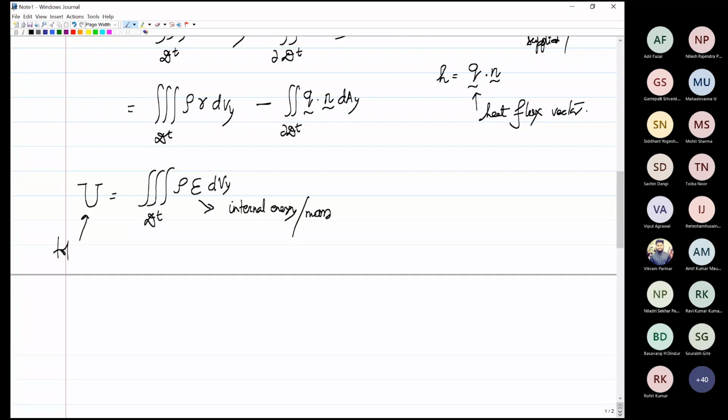And this is the total internal energy. Okay, what is remaining now? The kinetic energy, that is something we have already seen. It's again the integral over the full dt of half rho v dot v dVy.